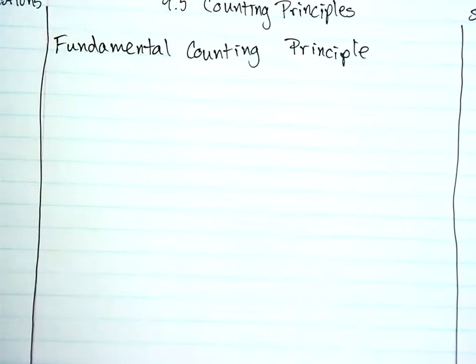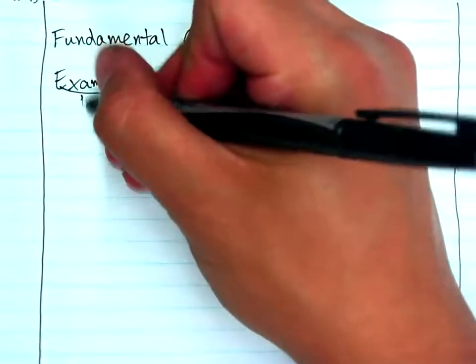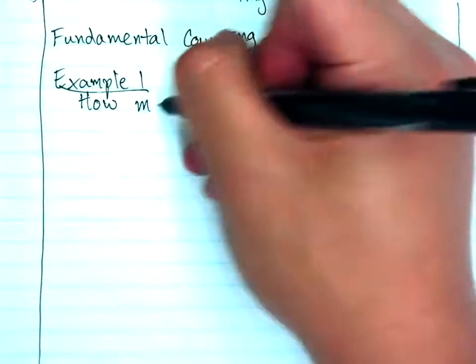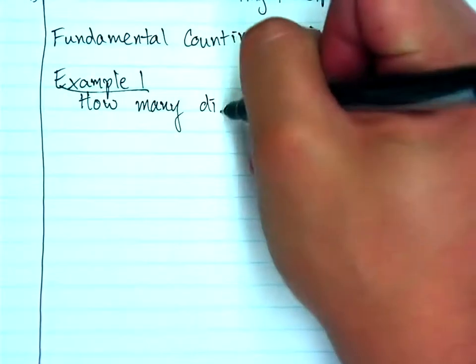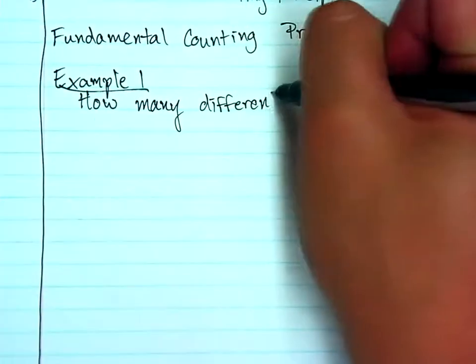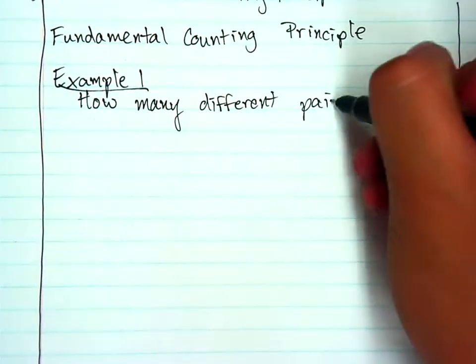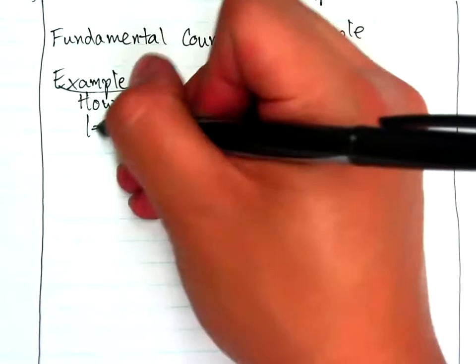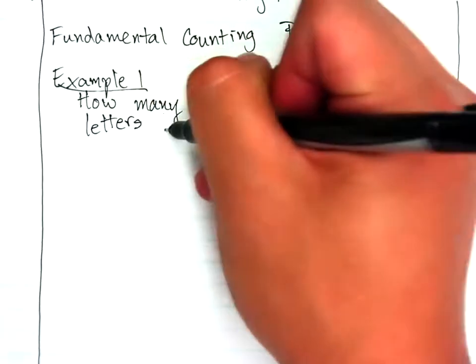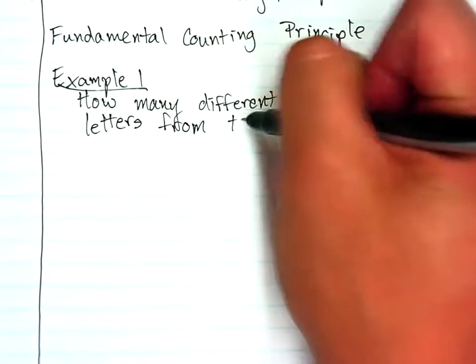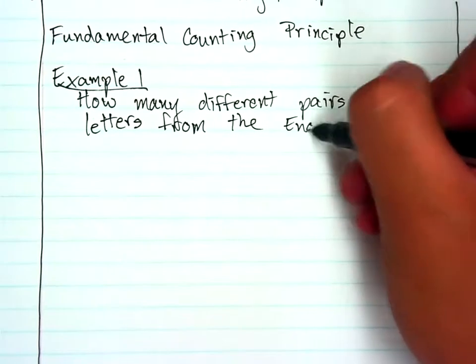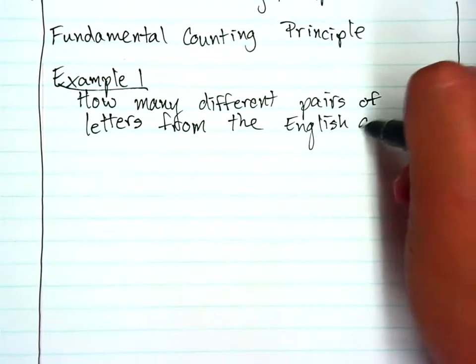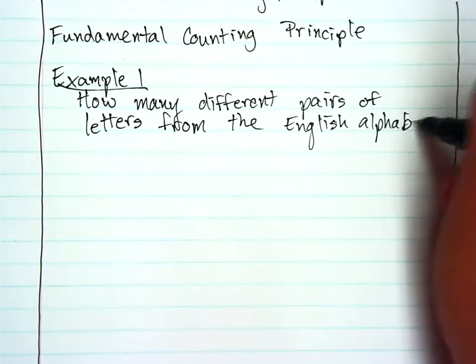The first example that we're going to have is the question, how many different pairs of letters from the English alphabet, gotta be specific, are possible?